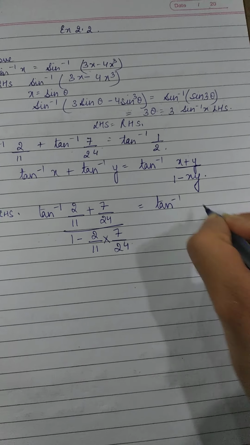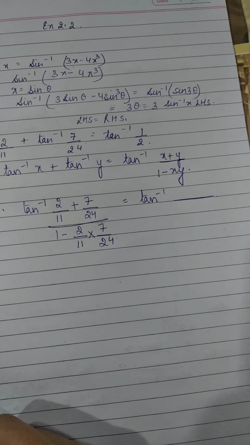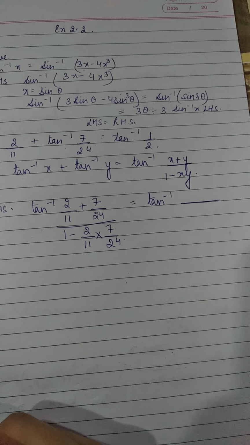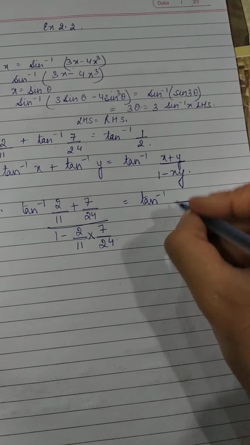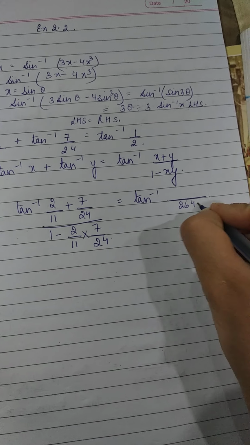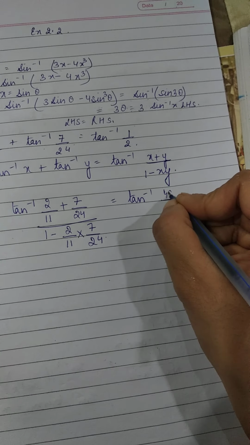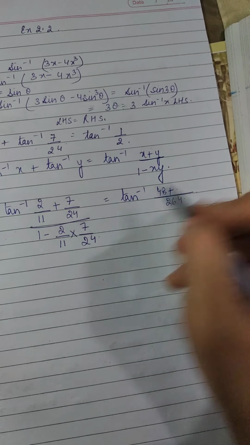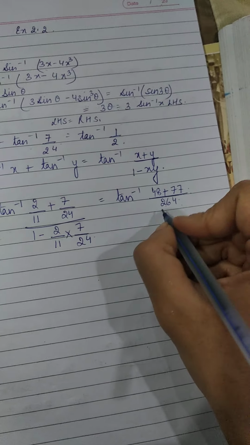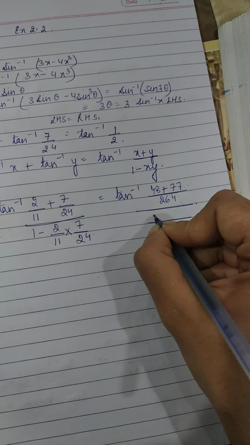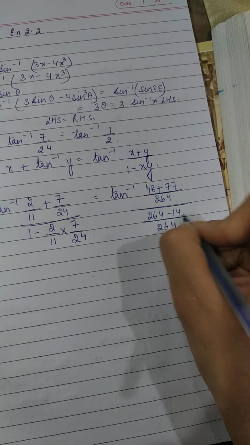Tan inverse, remember, 24 into 11 is 264. 11 goes into 264 24 times. 24 into 2 is 48, plus 77. Likewise, this is 264 minus 14.